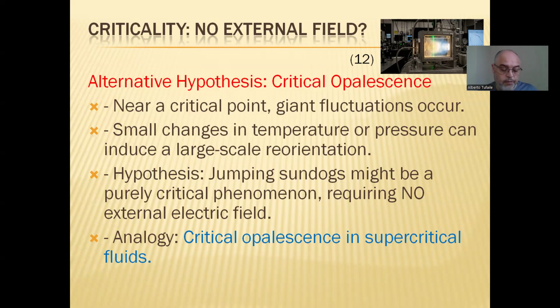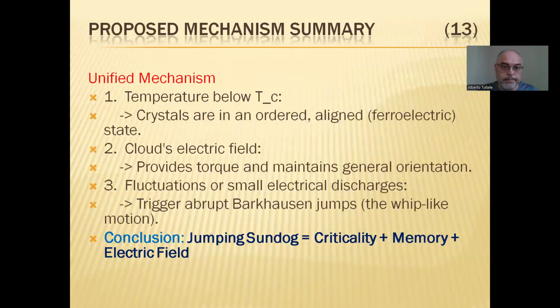The external fluctuations near the cloud's critical point could be strong enough to reorient the crystals without any external electric field, just like critical opalescence in supercritical fluids, in this condition of the critical temperature.